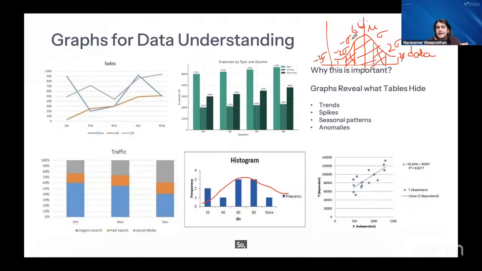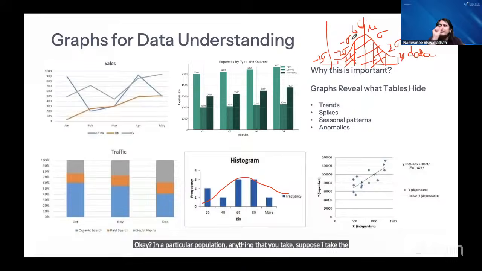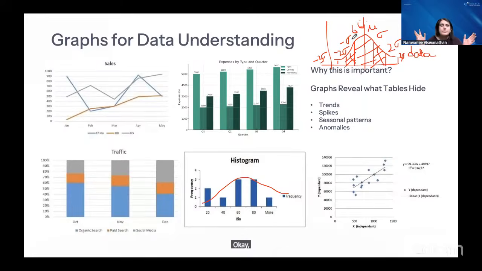So any data that you are able to measure, whether it is marks, height, weight, ages of babies in a particular population, anything that you take. Suppose I take the number of days of the babies. Babies means what? They are within the age of 0 to 5, right? You will find that automatically all the data will fall like this.